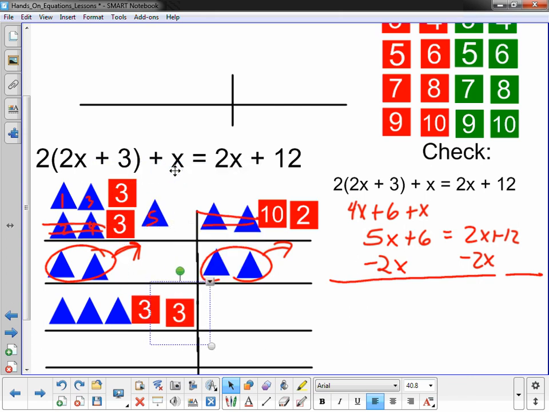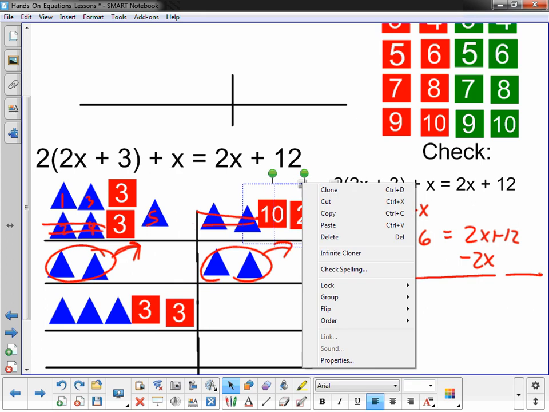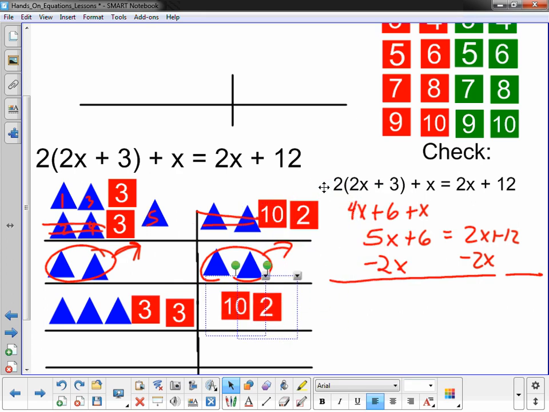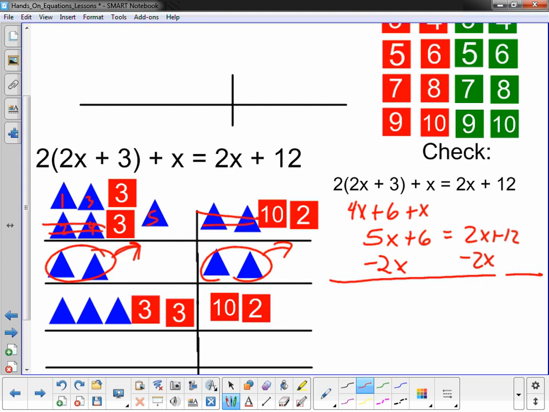Okay. On the other side, I've got the 10 and the 2. Now, if I do it up here, 5x take away 2x. 5 minus 2 is 3. I got 3 x's and the 6. On the other side, the x's completely cancel. I'm just left with the 12.